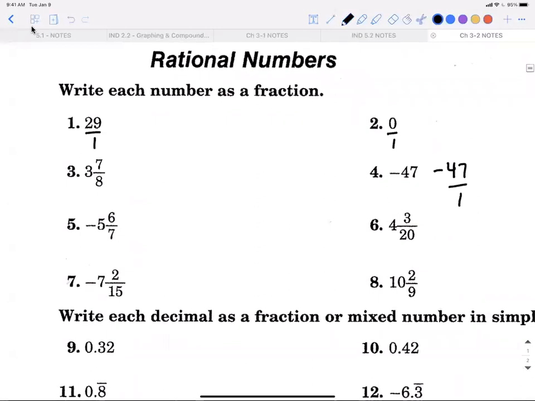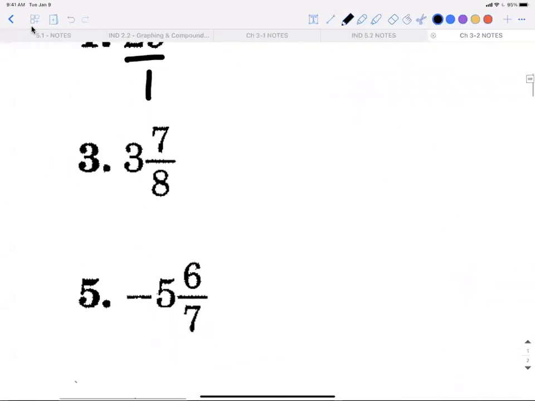What about mixed numbers, mixed fractions? If we want to turn this into just a regular fraction, actually it'd be an improper fraction, but what do we do? Blake? Yeah, you multiply these, and then what do you do with the 7? Yep, you add 7, and then you use your same denominator.